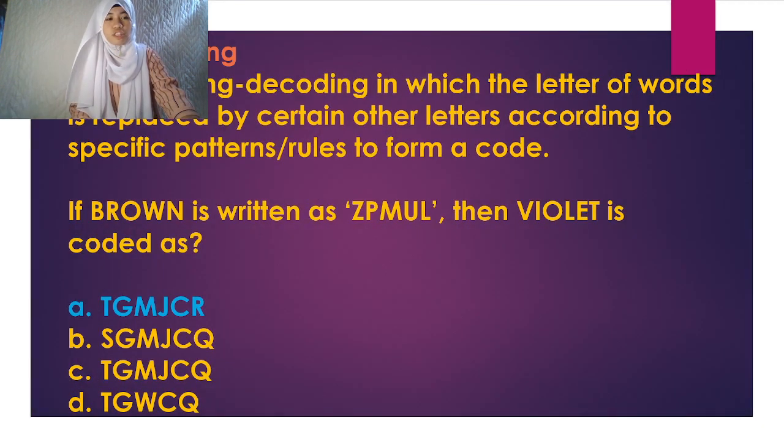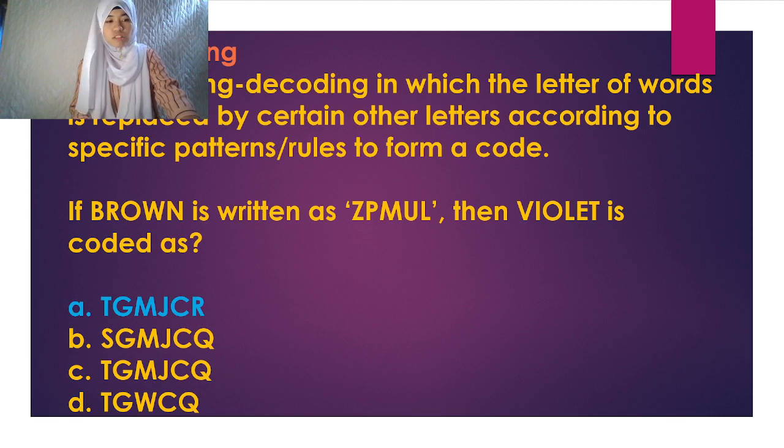So what is the definition of letter coding? Letter coding-decoding is one in which the letters of a word are replaced by certain other letters according to specific patterns or rules to form a code. Here is an example.